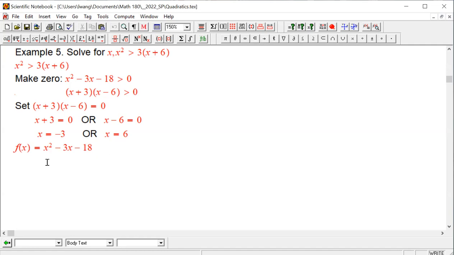All right, so for this function, we know the x-intercepts. We have identified the x-intercepts for this function. So what are they? These x-intercepts are (-3, 0) and (6, 0). Right?